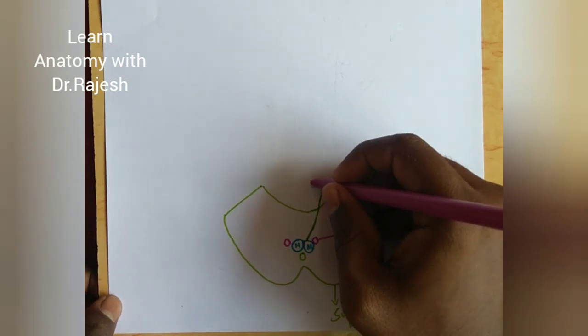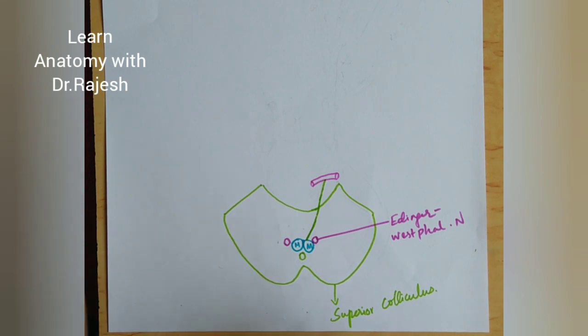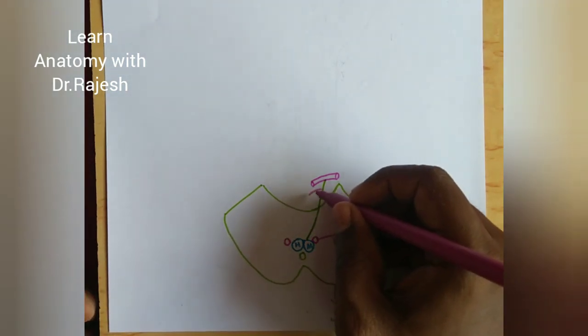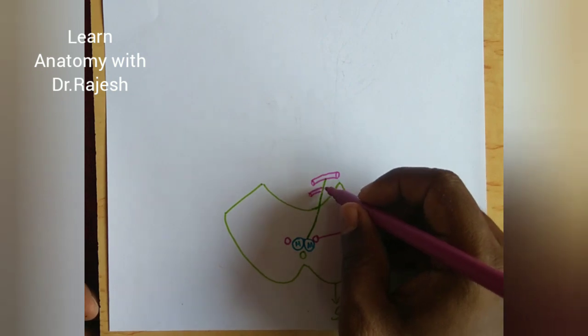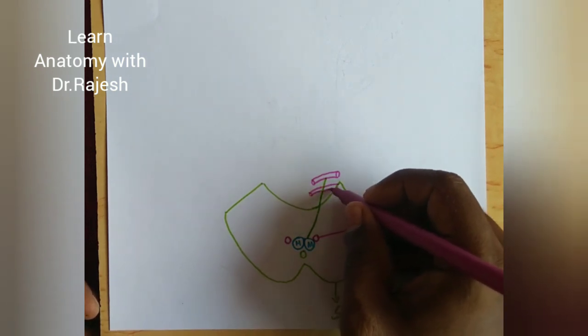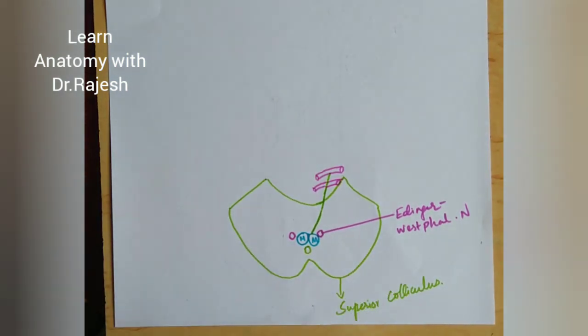This is the posterior cerebral artery, which passes superior to the nerve. Inferior to the nerve is one more artery, the superior cerebellar artery.